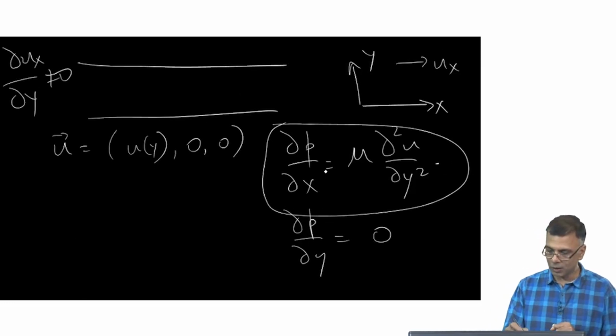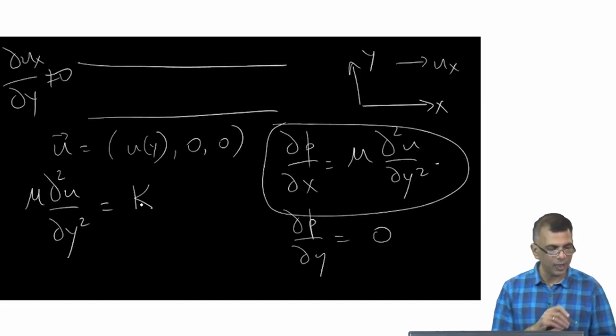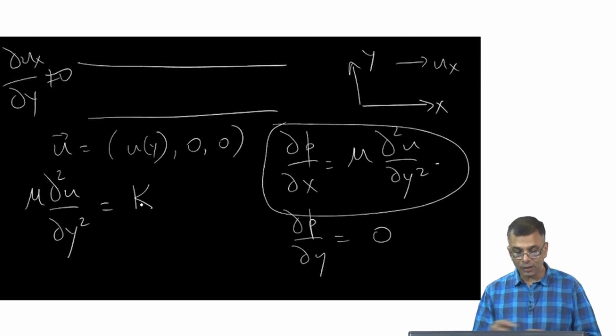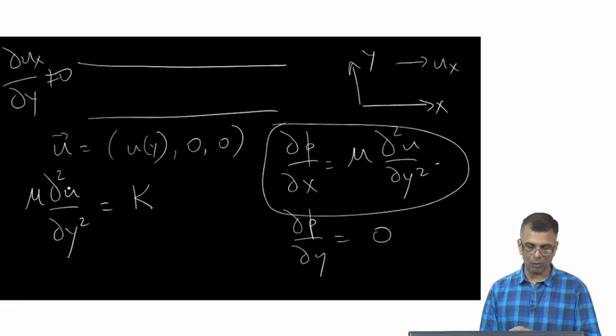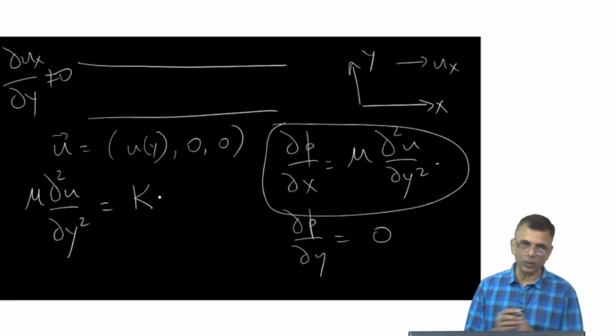So really what you're saying is that mu d squared u dy squared equals some constant k. Okay, this can immediately be integrated. You take du dy is k times y, and u would be something like ky squared.